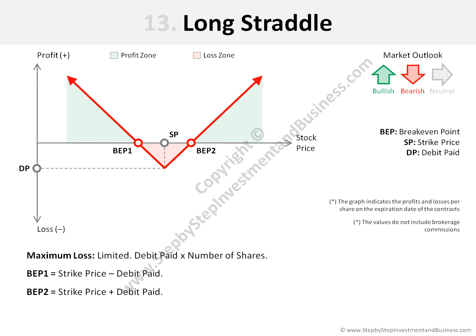The break-even points define the profit and loss zones. In our case, for stock prices lower than break-even point 1 or higher than break-even point 2, we are in a profitable situation. In contrast, for stock prices between break-even point 1 and break-even point 2, we are in a losing situation.